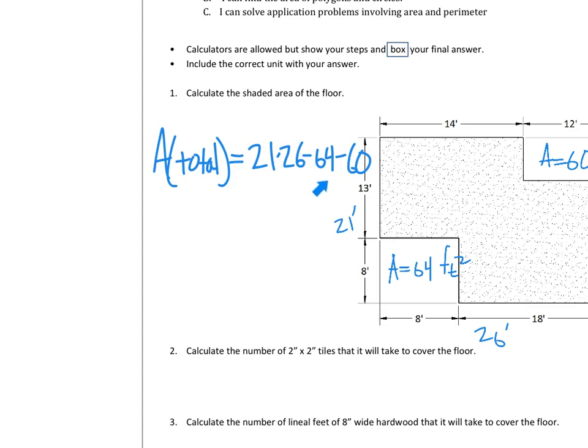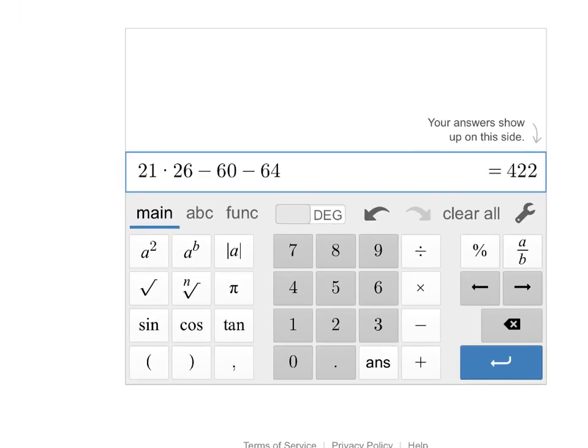One main idea here is we're getting used to writing these area formulas. This is not an area formula in the back of the book, but we've put pieces together. We can see there's the big area and the 2 little areas we're taking away. All right, so we've got that computed over here.